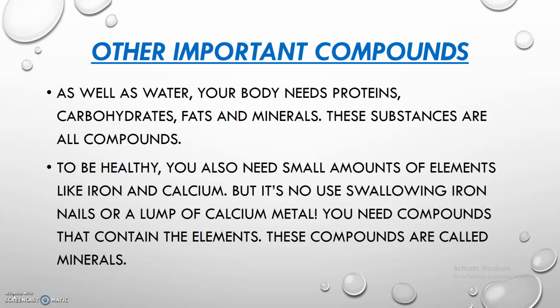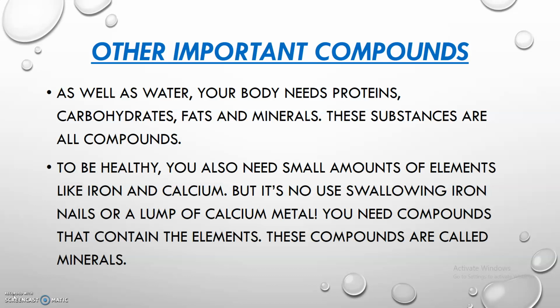To be healthy, you also need small amounts of elements like iron and calcium. But it is no use swallowing iron nails or a lump of calcium metal. You need compounds that contain the elements. These compounds are called minerals. Okay. So this is very interesting, very funny. So if you eat an iron nail or raw calcium, it will cause some problem for you.